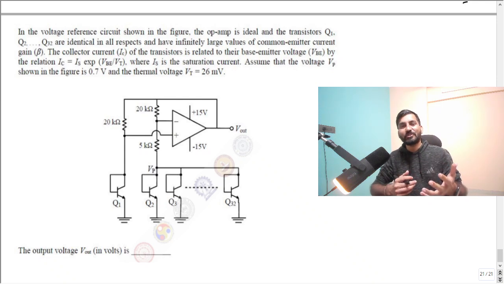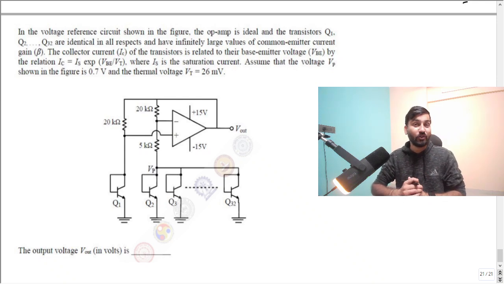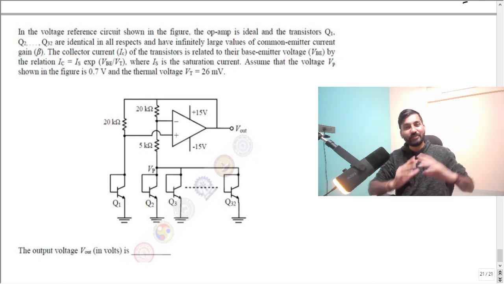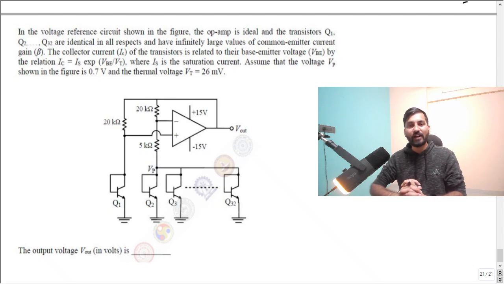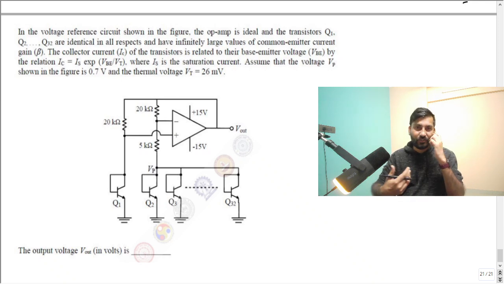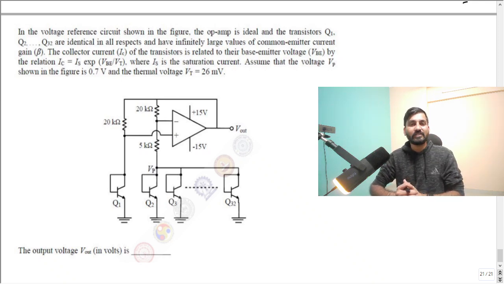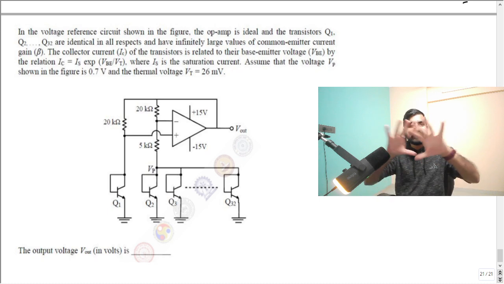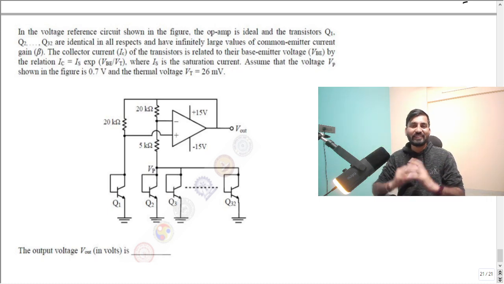I asked him whether he attempted this question or not, and he said he did not attempt it. He attempted many other questions, got very good marks, and the rank was 4 in GATE 2017. Currently he's working in NTPC. So this question looks very big, but the answer is quite small.